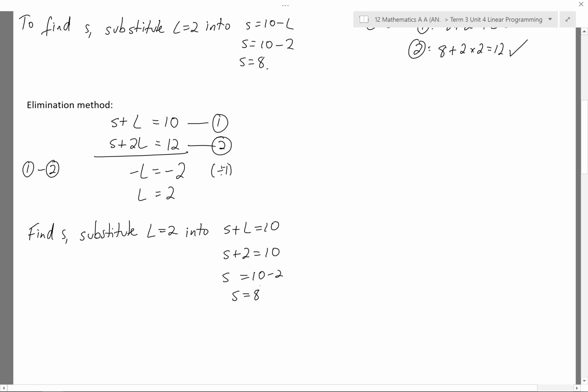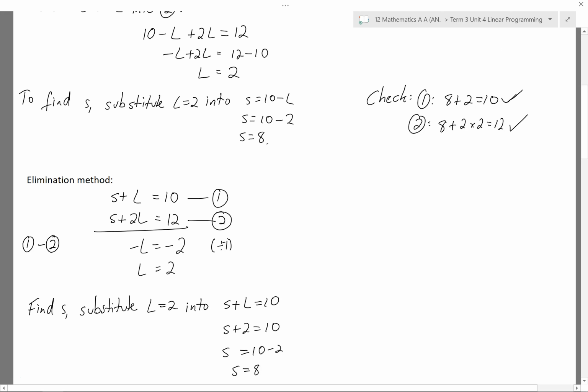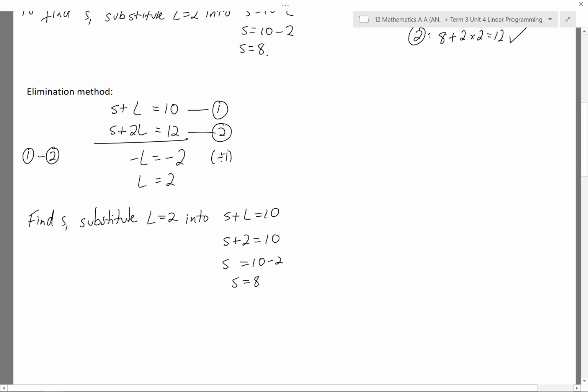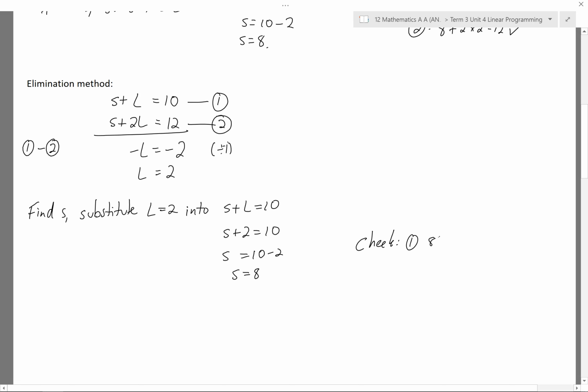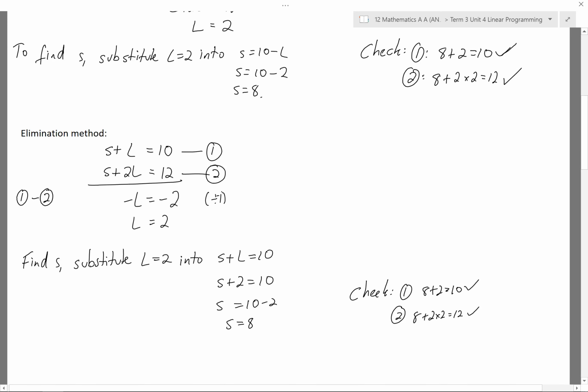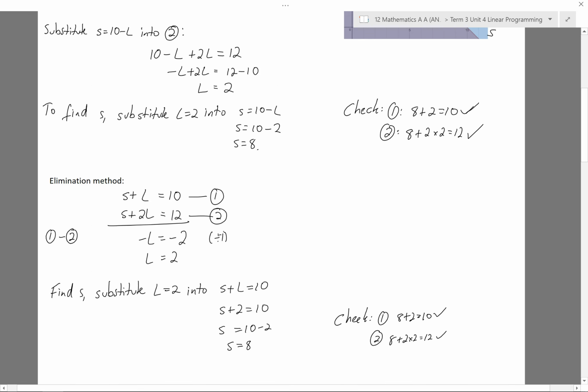I get S equals 8, exactly the same as I did above. And if I really want to, I can do the check again. In equation 1, 8 plus 2 equals 10. All good. In equation 2, 8 plus 2 times 2 equals 12. Again, all good. So they're basically the two methods.